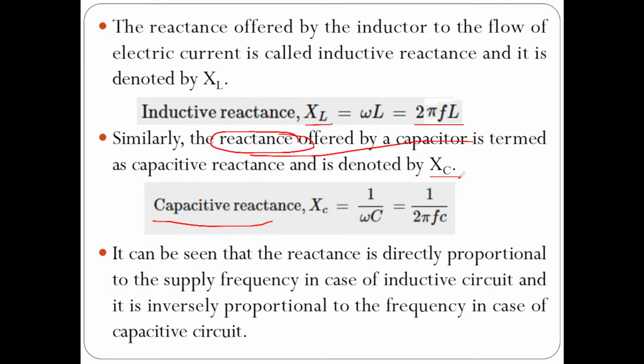XC is equal to 1 by omega C. Okay, whereas XL equal to what? Omega L. Whereas XC is 1 by omega C.